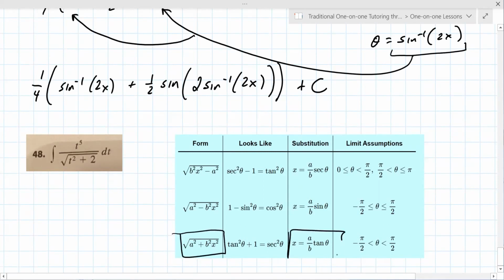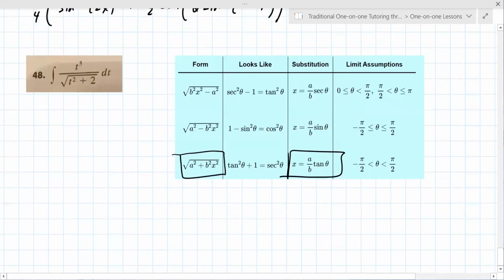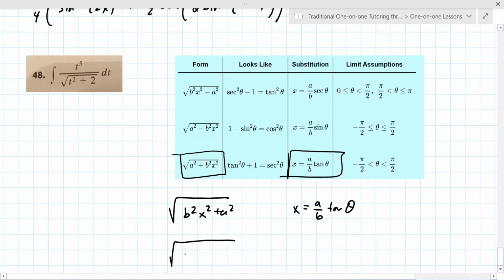Let me try to summarize that. You have, let me rewrite this one, the square root of b squared x squared plus a squared, and that becomes x equals a over b tangent of theta. Yours is 1 squared x squared plus the square root of 2 squared in your problem.